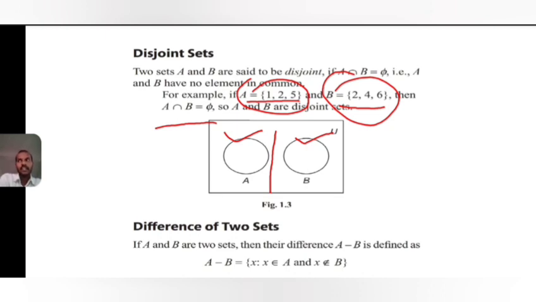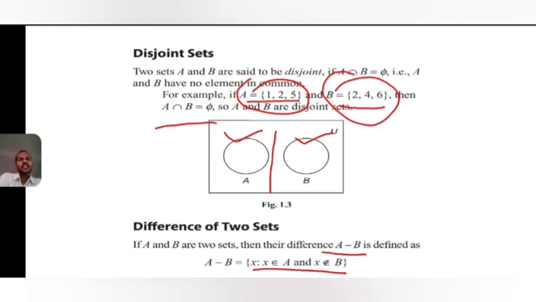Next definition is difference of two sets. If A and B are two sets, then their difference, A difference B, is defined as {X such that X belongs to A and X does not belong to B}.